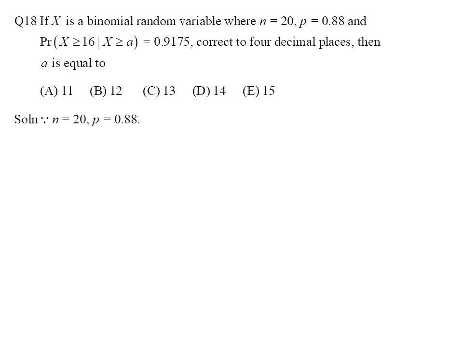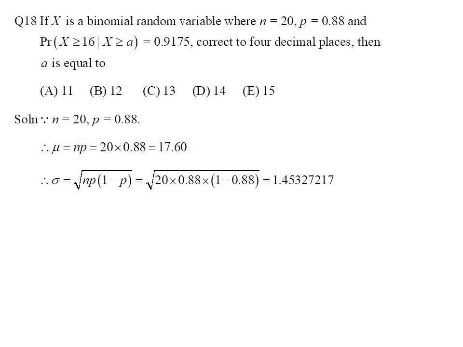Since the binomial distribution has parameters n equals 20 and p equals 0.88, the mean of the distribution equals n times p, which equals 17.6. Its standard deviation equals the square root of np times (1 minus p), which equals approximately 1.453.